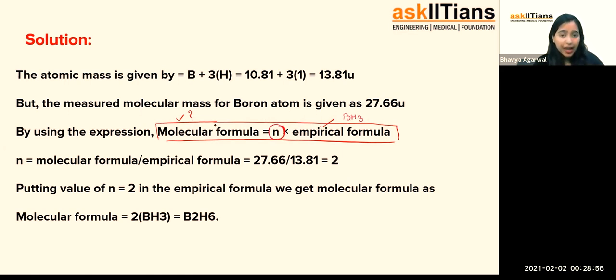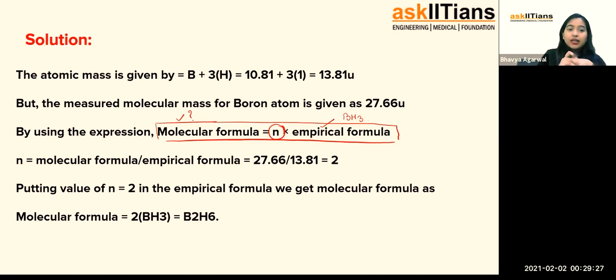It is this N which I can find out, and the moment I find out this, my complete work is done. Right? So that is the approach. We must first know which formula we must apply to land up at the answer. Once we know the formula we need to apply, then we should know which things are given to me and which things we have to find out using the question itself.